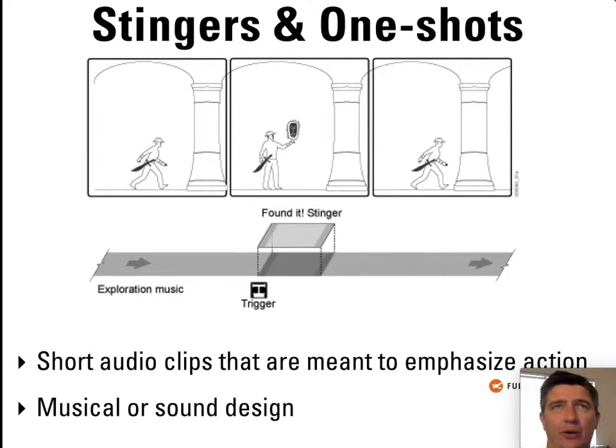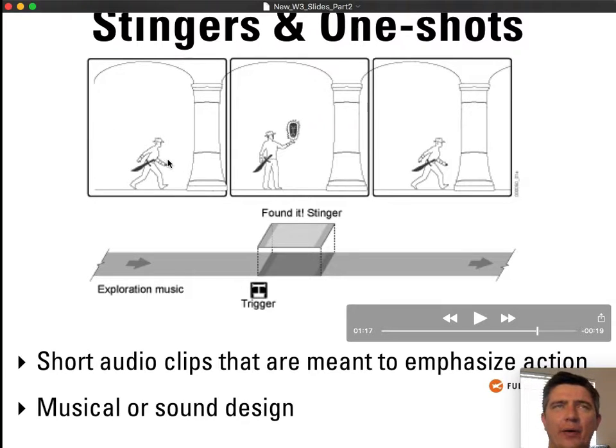And there are different categories of one-shots or different ways of thinking about them. Stingers are one-shots, but not all one-shots are stingers. Stingers are typically there to provide information or attention or add sort of emphasis to a particular idea or action in the game. Here in the picture, we've got our hero exploring through the level.